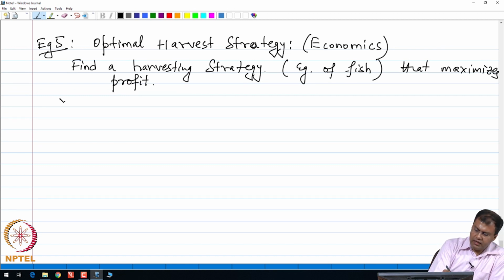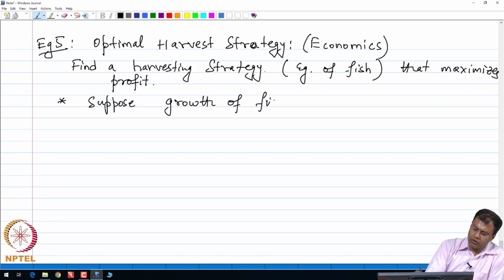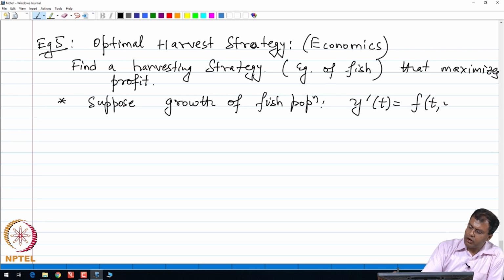So, let us say that the growth of the fish population follows an ODE of the form y prime t, which is equal to f of t comma y, where I denote my y to be my fish population at any given time point t.